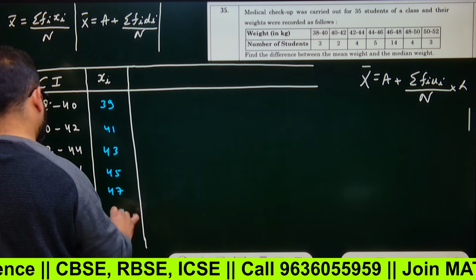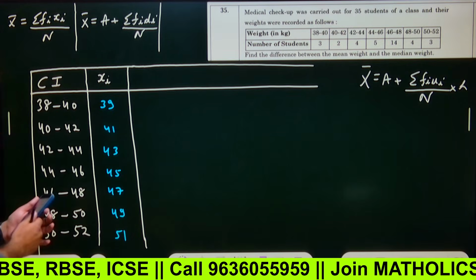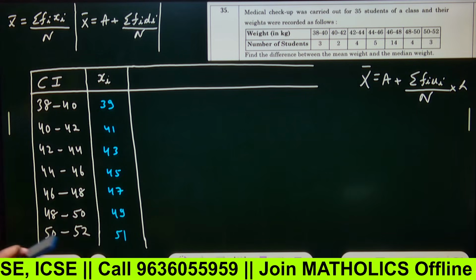Then 49 and then 51. So these are the midpoints, the values of xi.